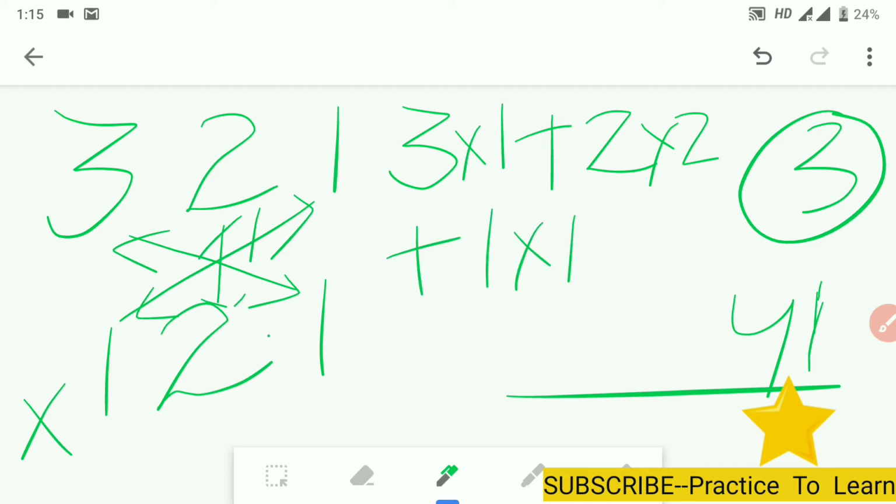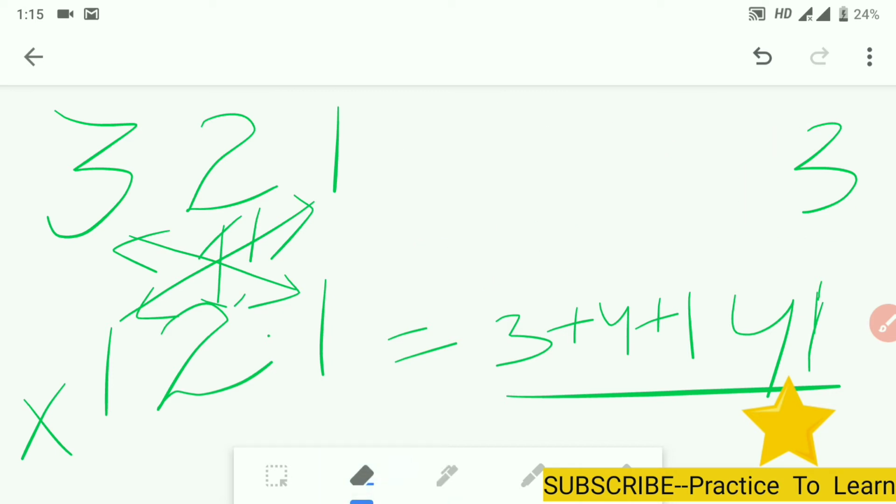All the cross multiplications. So the result would be 3 plus 4 plus 1, that is 8. I'll be erasing this. The result we got in step number 3 is 8, and I will write that at the hundreds place. That was step number 3.